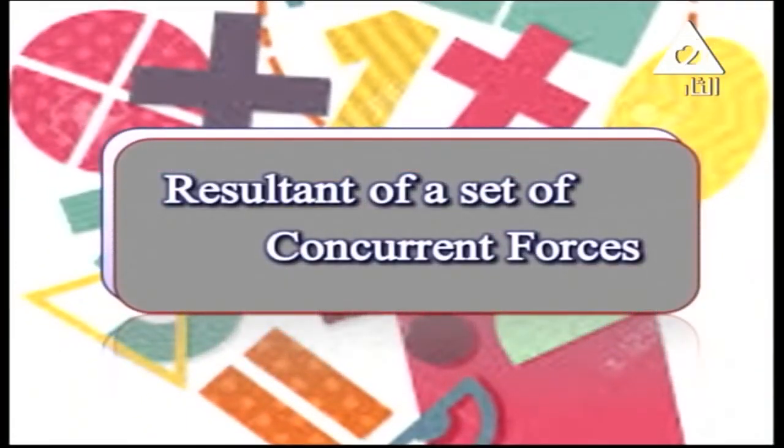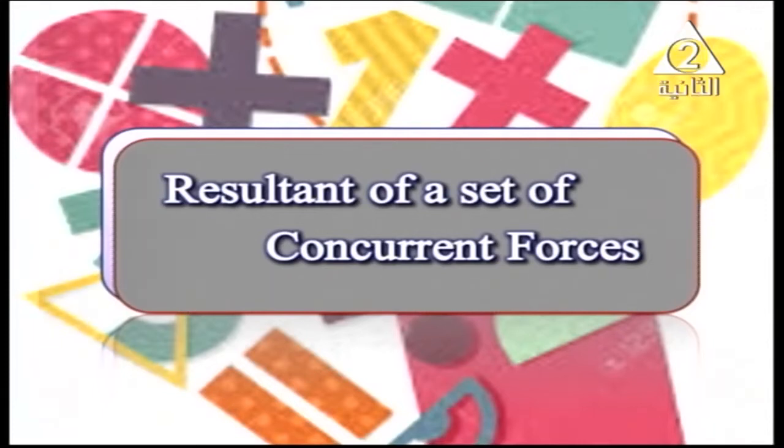My dear student, we move to another title. It's called the resultant of a set of concurrent forces. What do you mean by concurrent forces, my dear student? More forces intersect at one point, or more forces act on a body meeting at one point.